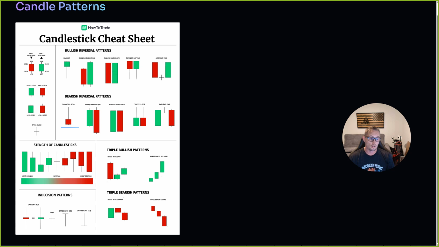Because what a lot of beginner shorts will do is say this is like a key level, right? And what a lot of beginner shorts will do is they will short the breakdown.